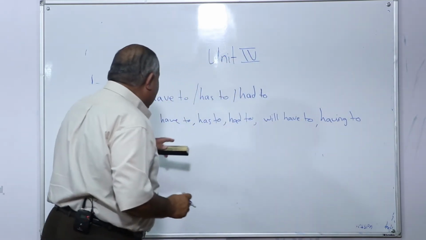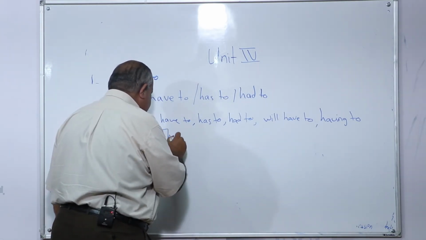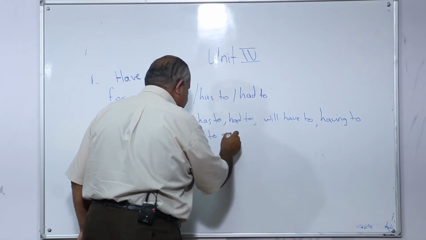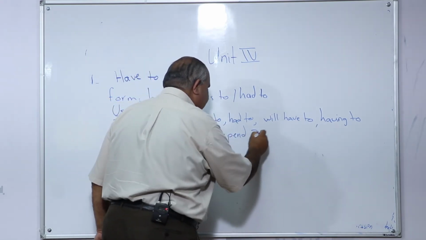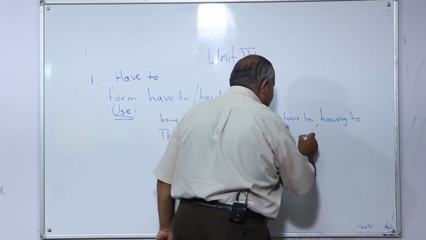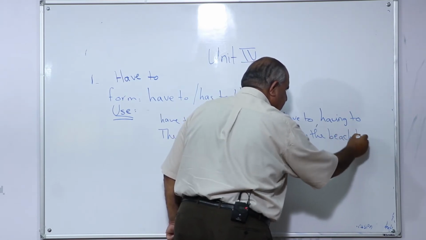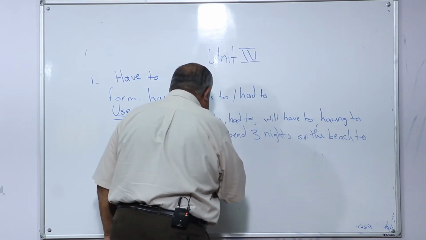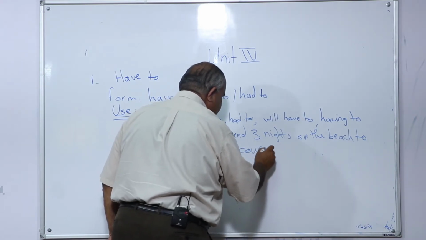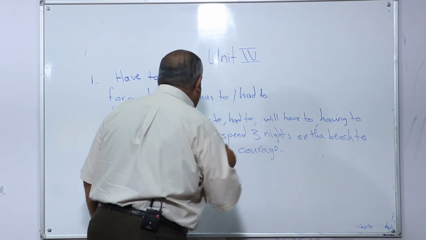Now, let's give examples on had to. We say, they had to spend 3 nights on the beach to save courage. So we use had to in the past. We can use will have to.